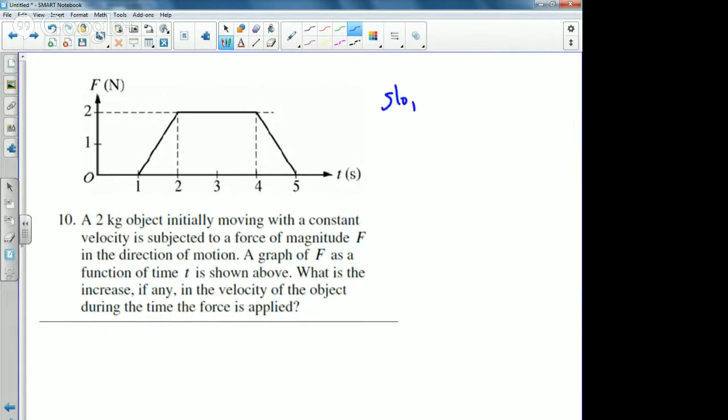Slope in this case would be force divided by time, delta F over delta T. But do we have a formula for force over time? No. But what we do have is area, which equals force times time, the same thing as impulse, or change in momentum.